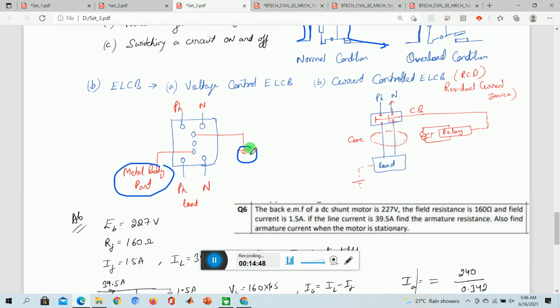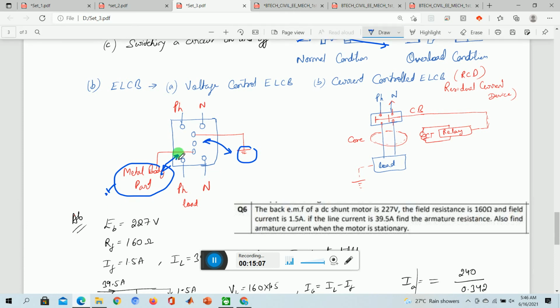The potential over here and the potential over here, both potentials should be equal, because the metal body is also earthed somewhere. So if these two potentials are equal, then the circuit is normal.